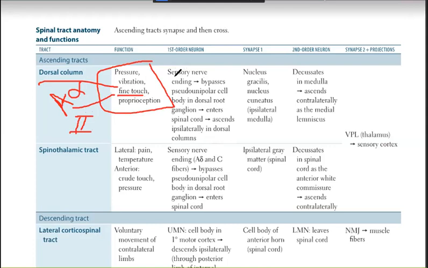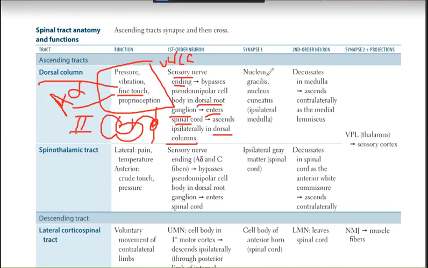From the sensory nerve endings, let's say from the upper limb or from the lower limb, okay, it bypasses the pseudounipolar cell, forget that, in the dorsal root ganglion, the same dorsal root ganglion I was talking about, okay. Then it enters the spinal cord and ascends ipsilaterally in the dorsal column. So from the same side, okay, and then at this particular level in the dorsal column, it will make a synapse, okay.